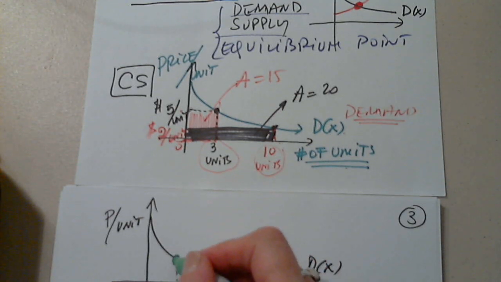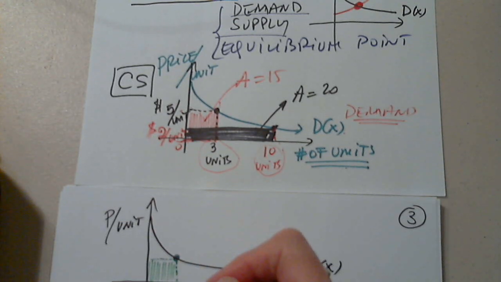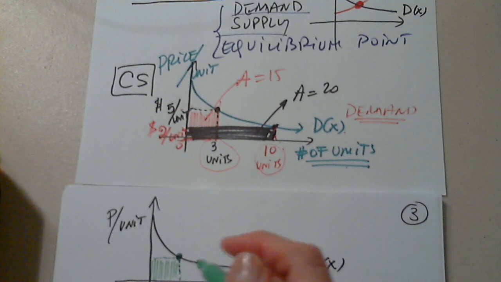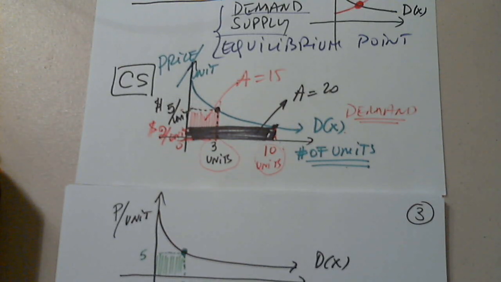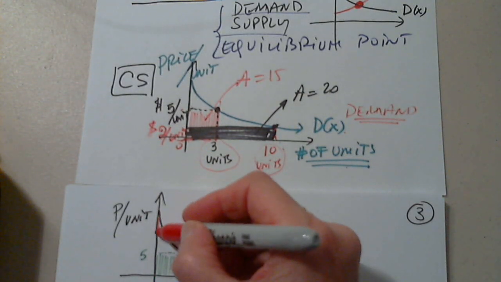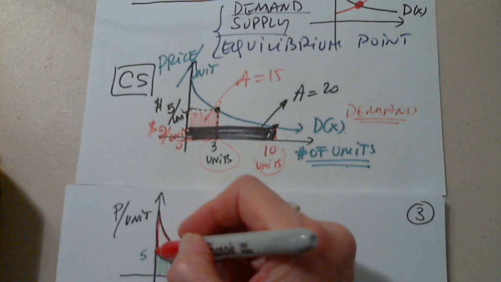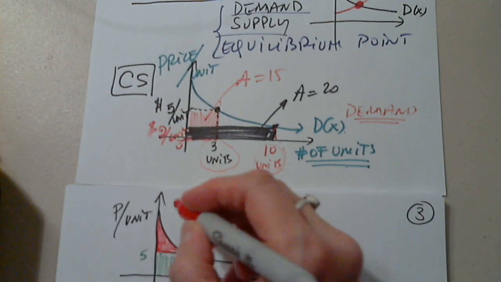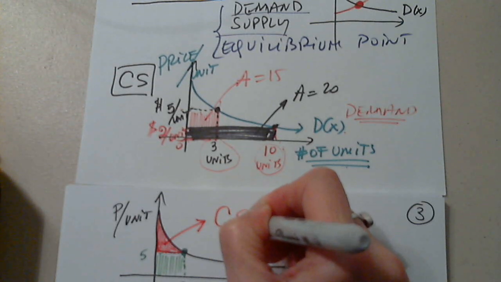And we already know that our cost is this, whatever. So I'll stick with 3 and 5, it doesn't matter. This area above, right here, this piece, it's not a triangle, it's some area. This is the consumer surplus.